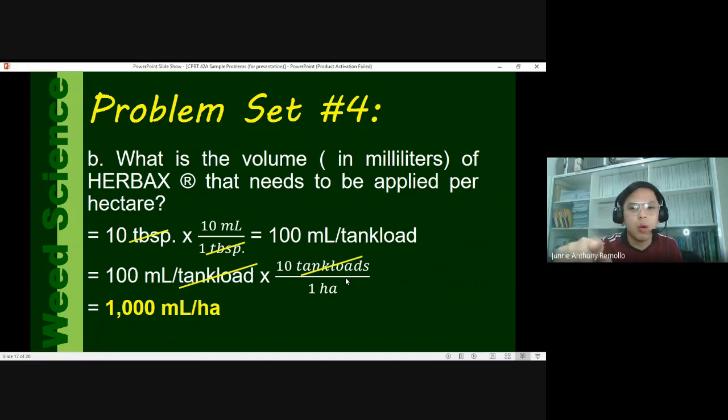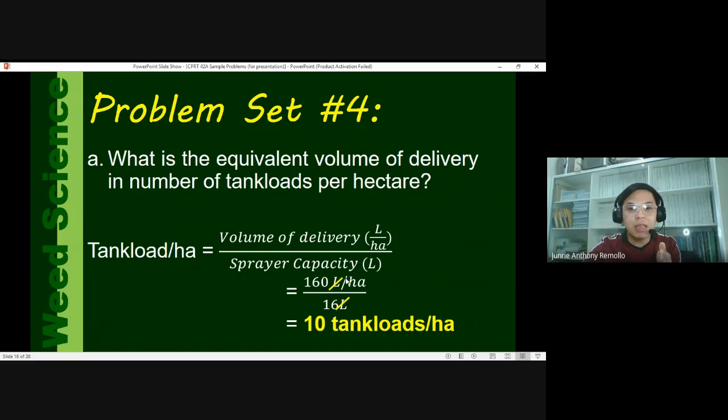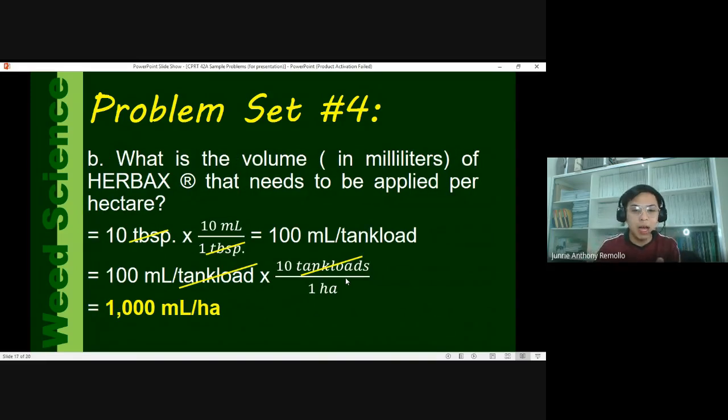So the 100 ml per tank load will then be multiplied by the 10 tank loads, which is the equivalent volume of delivery in the number of tank loads per hectare. So 100 ml times 10 tank loads divided by 1 hectare. Just to present our solutions in order, we could come up with a result of 1,000 ml per hectare.